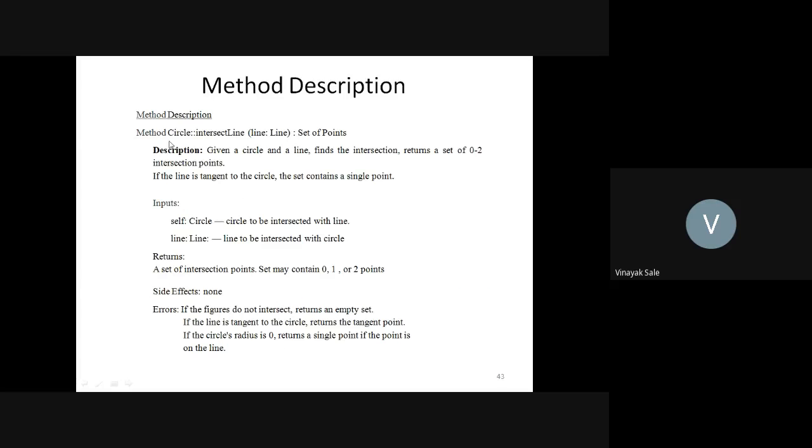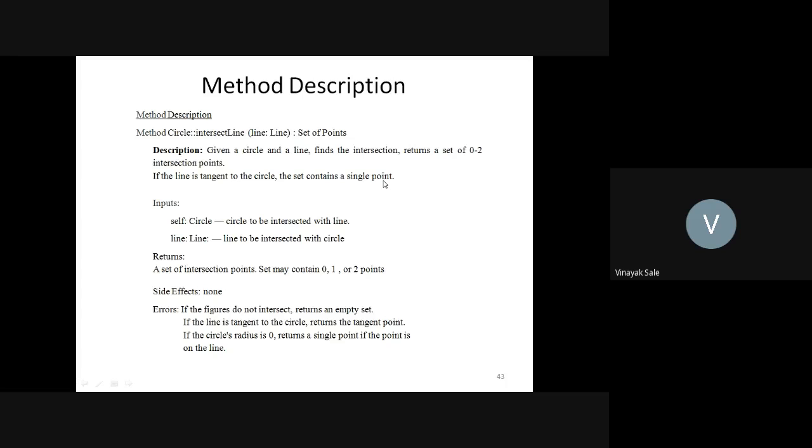Then method description. While drawing a circle in class Circle, there is intersect line. Intersect line is a method and it returns a set of points. What is the description? Given a circle and a line, it finds the intersection and returns a set of 0 to 2 intersection points. If the line is tangent to the circle, then the set is a single point.